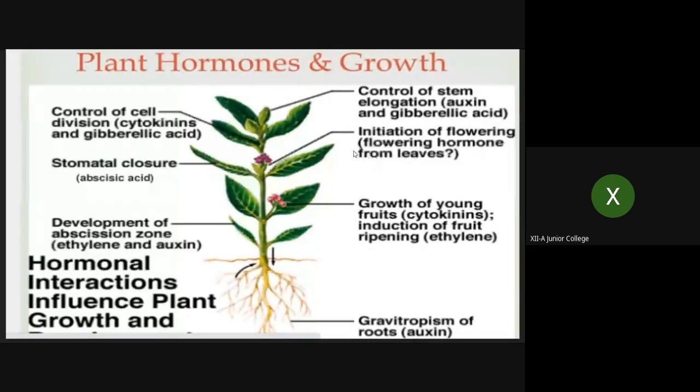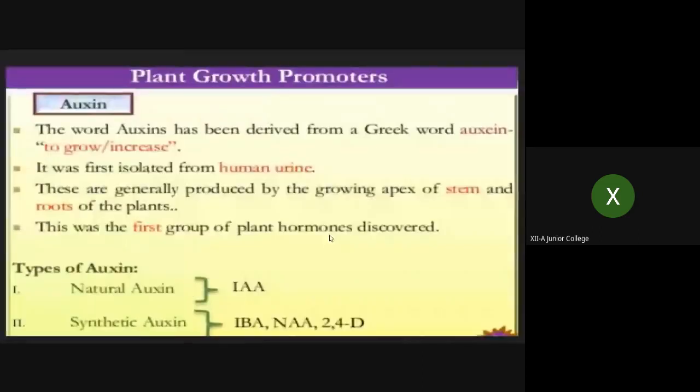Then at the particular axis, control of cell division, cytokinins and gibberellic acid again play a role. Now stomatal closure is also very important, and abscisic acid plays the important role. So this is just a rough diagram which shows the role of these different kinds of plant hormones.